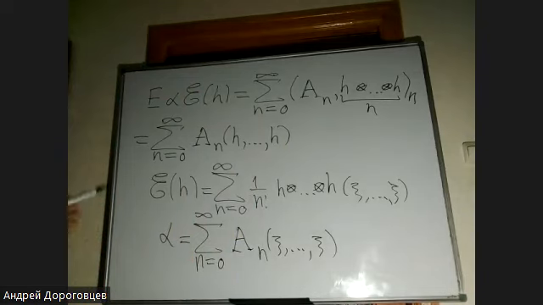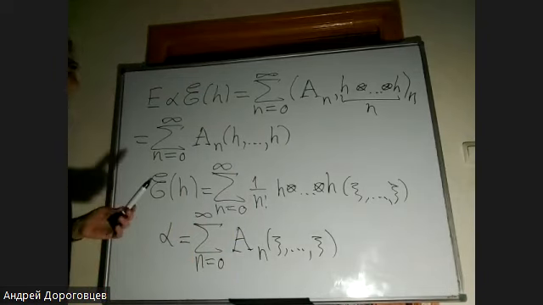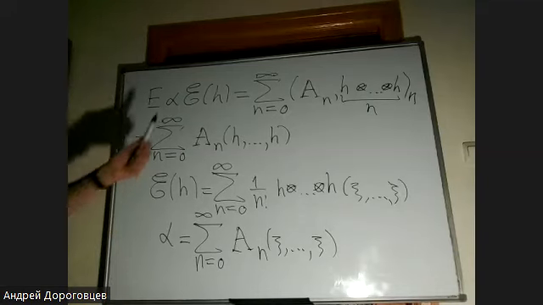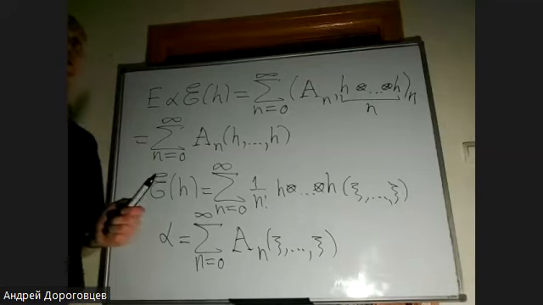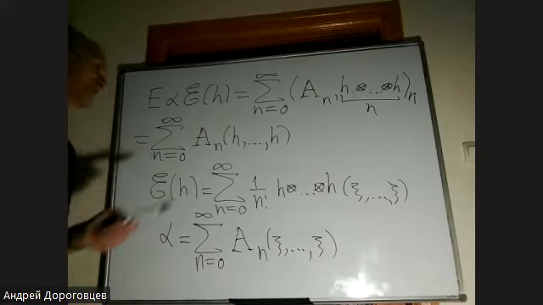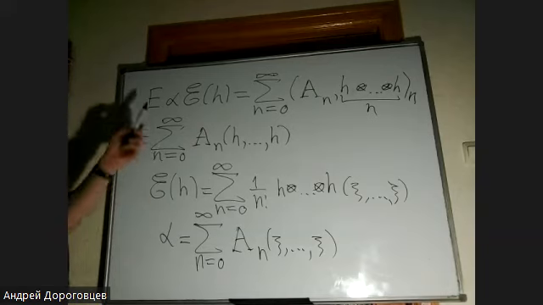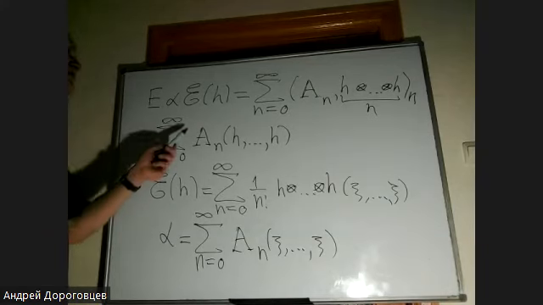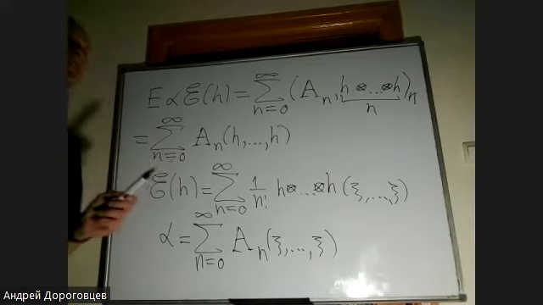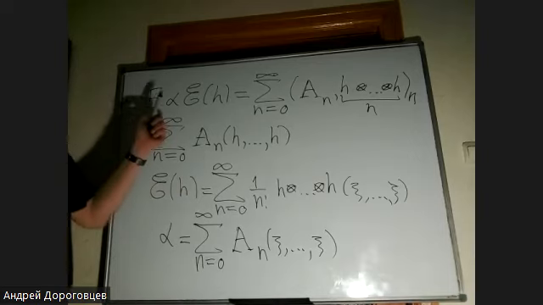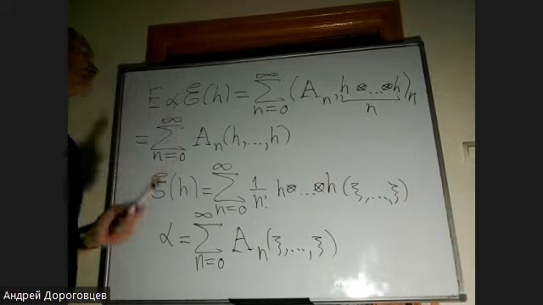That's the result, because now we understand that this function is analytic with respect to H. This is a power series, and now we understand that its coefficients, these forms a_n, are uniquely defined by this function.